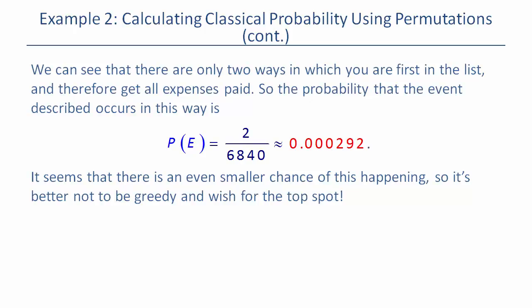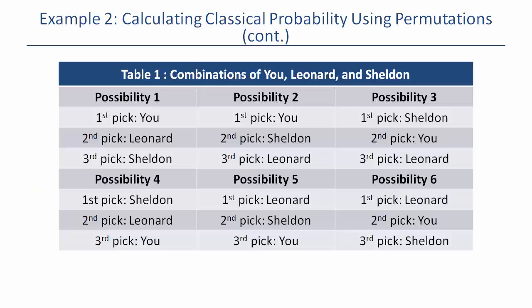Now, it seems like that would be a big pain to list all those out and then figure out how many of them have you going first. Well, that's where the dash technique comes to the rescue again, because we don't have to do this, we just have to do the dash technique. How many things are we choosing? Again, 3. Okay, with this specific question, you have to be picked first. So how many good choices do we have for that first person? Just one, just you, out of 20 total people, right?